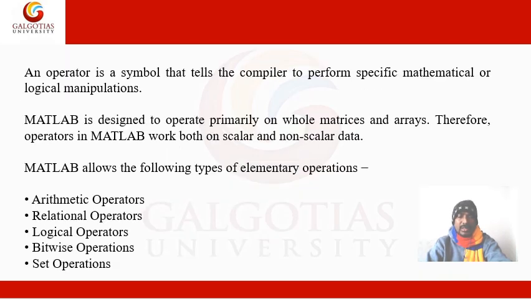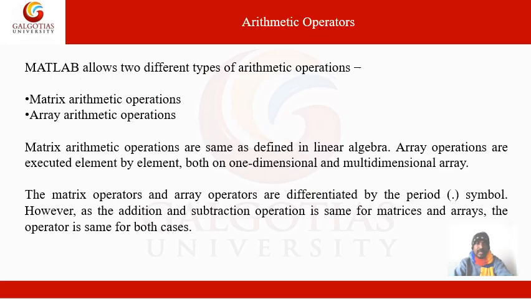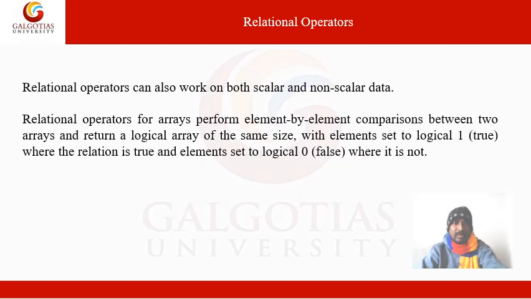Next, an operator is a symbol that tells the compiler to perform different mathematical operations. It supports arithmetic operators, relational operators, logical operators, bitwise operators, and set operators. Arithmetic operators help us do matrix arithmetic operations and array arithmetic operations.